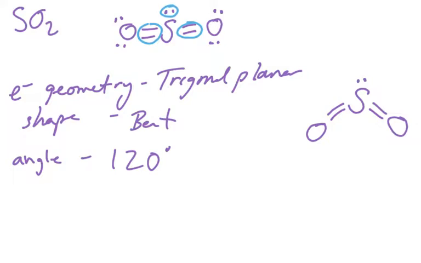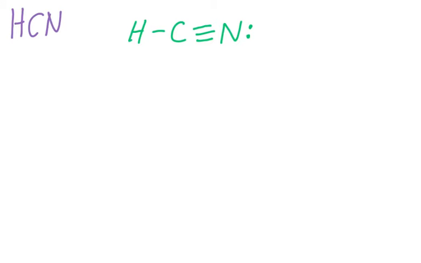All right, last one. HCN. Here we have carbon and nitrogen with a triple bond, and carbon with a single bond to hydrogen. All right, the electron geometry based on the electron groups, 1, 2.